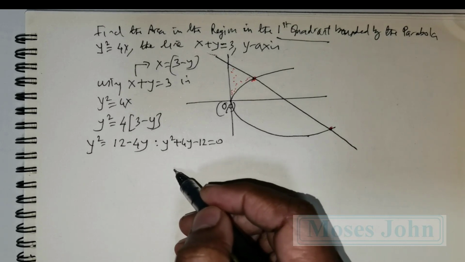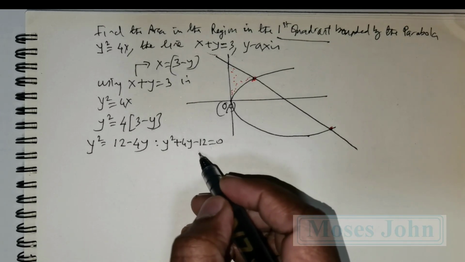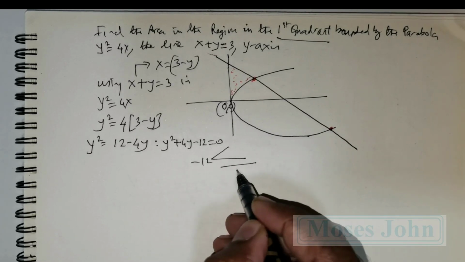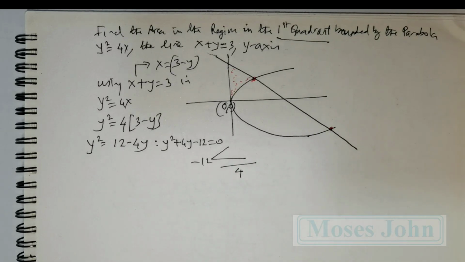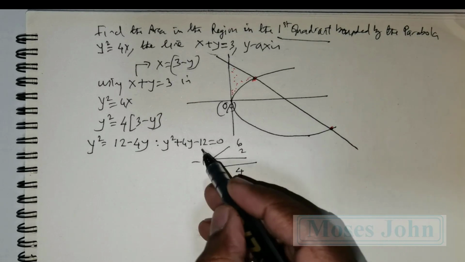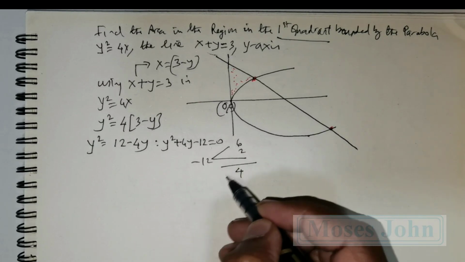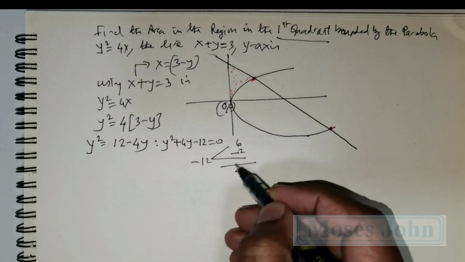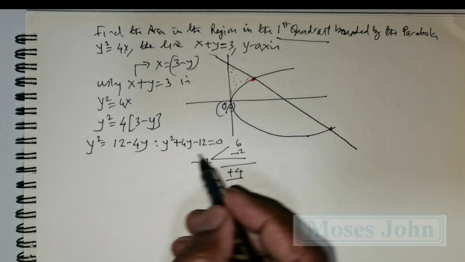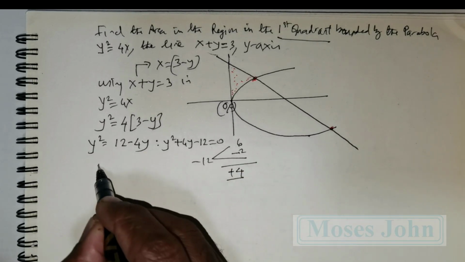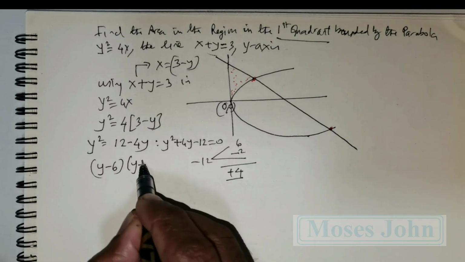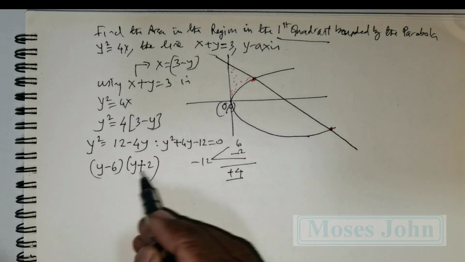Now if you were to factorize this, you need to get negative 12 and you need to get 4 there. Okay, now we know that 6 times 2 is 12. I need to get the negative 12, okay, and taking the value of 2 to be negative, clearly this would be positive 4 and negative 12 can be achieved. So we got the factors as y minus 6 and y plus 2 is equal to 0.